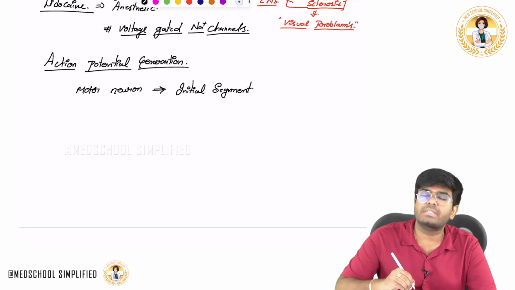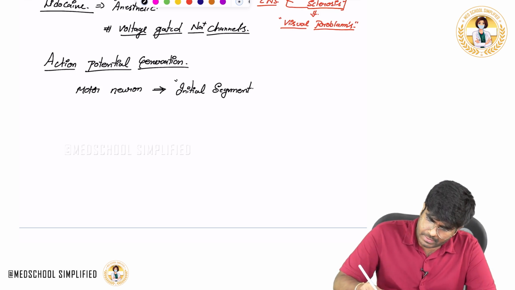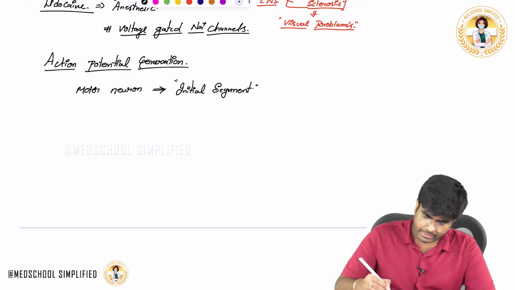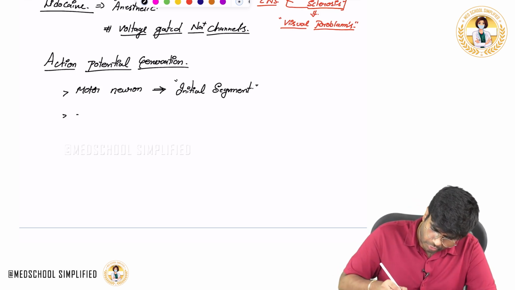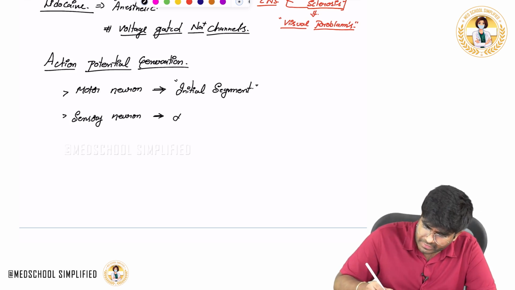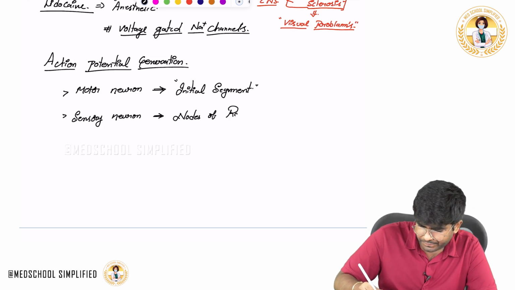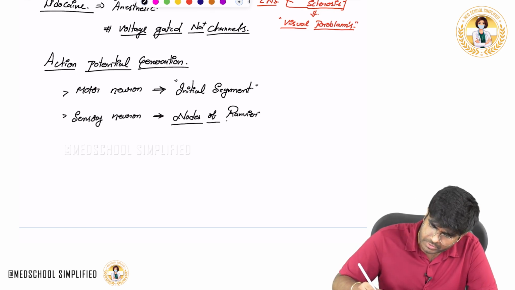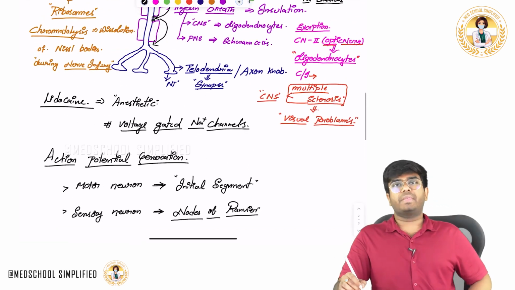For a sensory neuron, the action potential is generated in the nodes of Ranvier. So these are also MCQs which I want you to know for your exam.